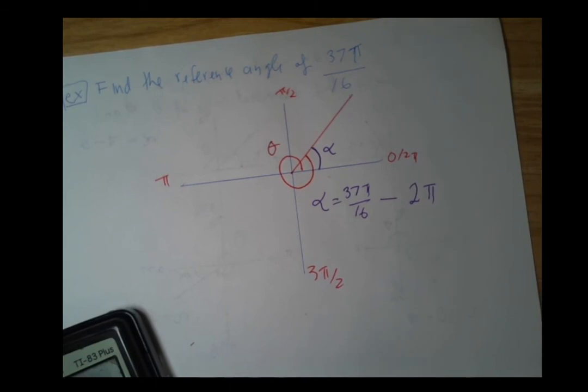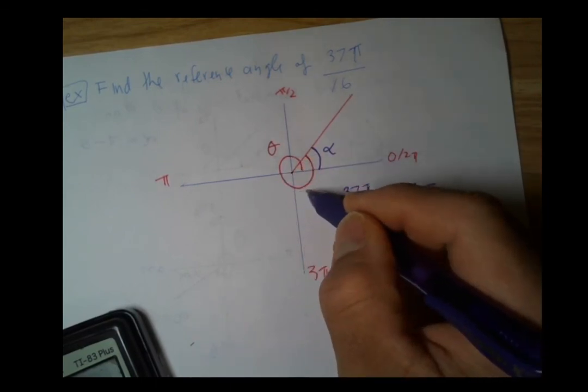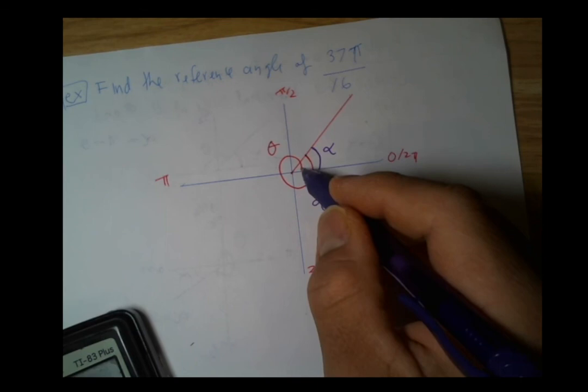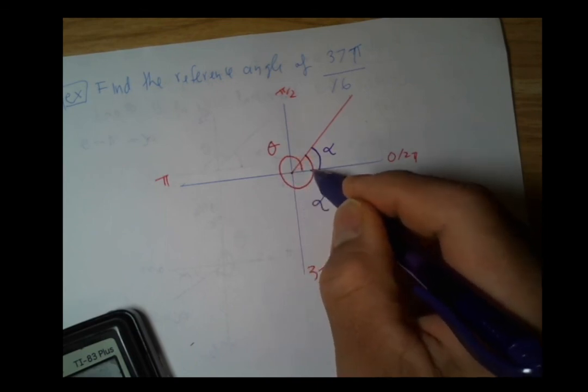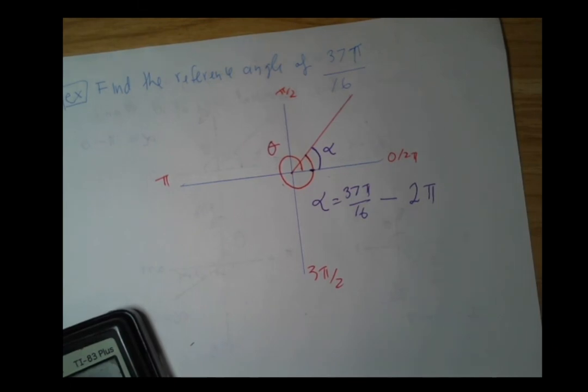Now, how do I know I want to subtract that? Well, the full 37 pi over 16 would get us here. But if I take away 2 pi, notice the revolution I will take away that part. And that leaves me with that angle alpha right there.